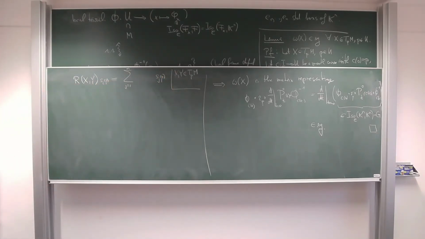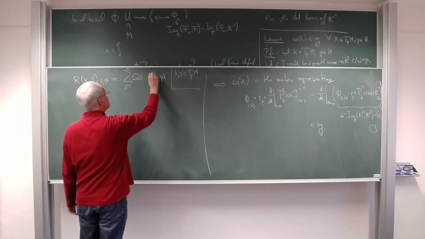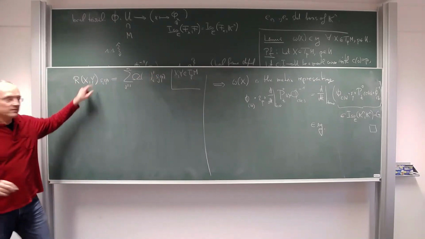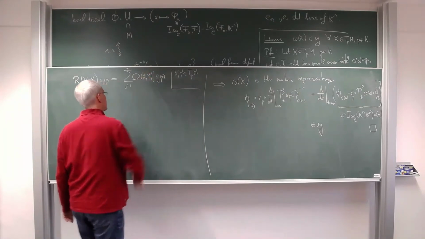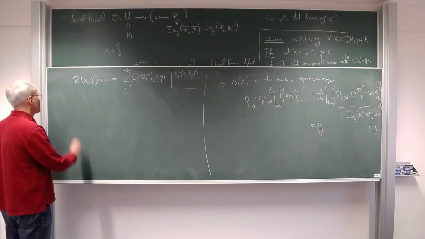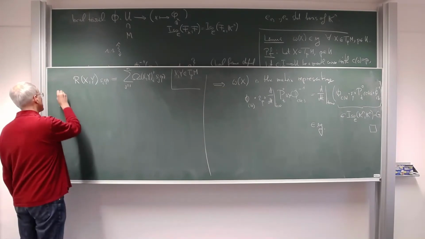And the coefficients that come up this time, I call capital Omega_j^i, and this time they depend on two vectors. So we got this. And now, curvature, that's the curvature form.